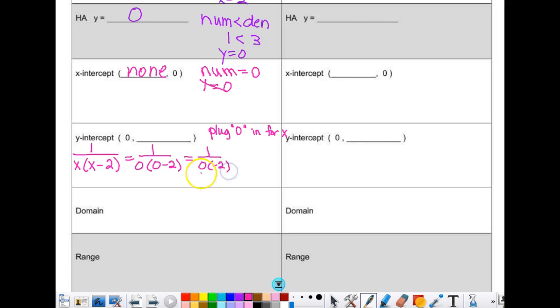Do I need to keep going here? Because you're going to have a 0 on the bottom, aren't you? You can't have a 0 on the bottom. You can't divide by 0. You can have a 0 in the numerator, but not in the denominator. So this is undefined. You also don't have a y-intercept.